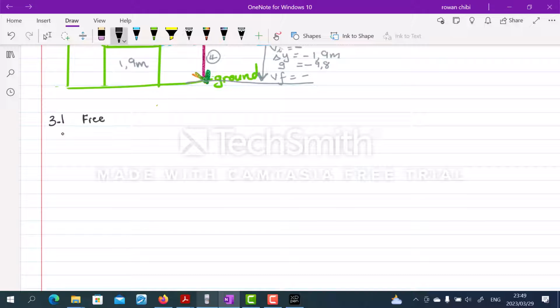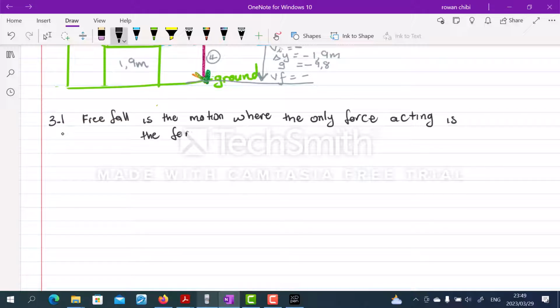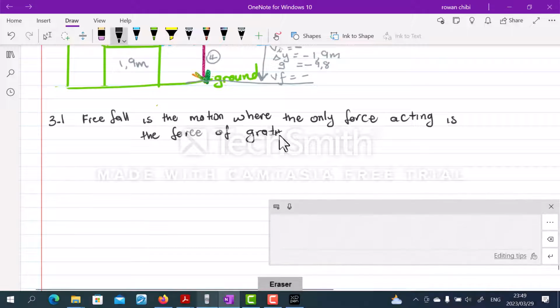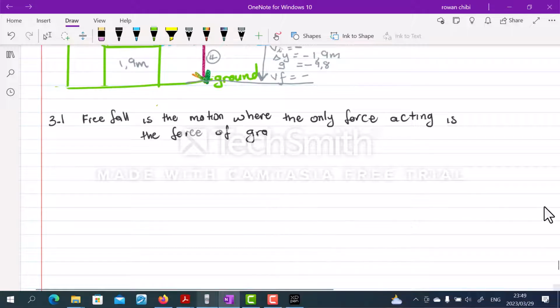Free fall is a motion of an object where the only force acting on that object is the force of gravity, or the gravitational force.